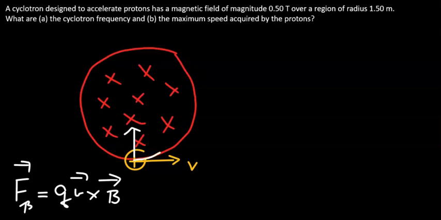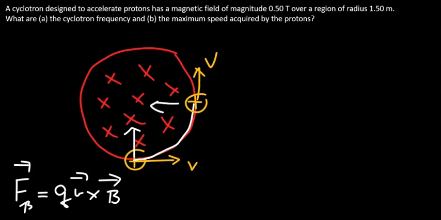So it would slowly deflect the proton upward until it gets to the right-hand side. On the right-hand side, the velocity is going up, and the magnetic force it feels at that position due to the magnetic field would be leftward in direction.